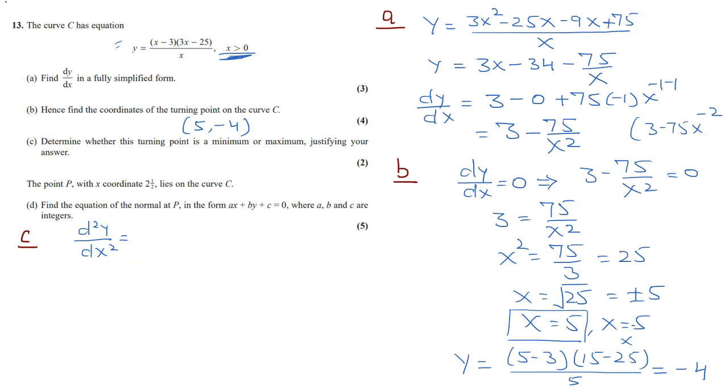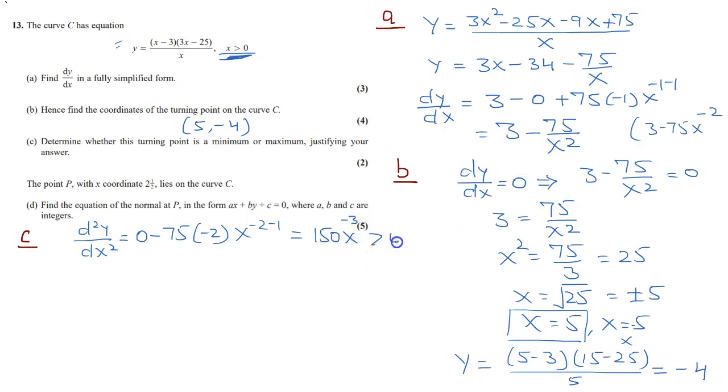So d2y over dx square will be: differential of 3 is 0, minus 75 times minus 2 x to the power minus 2 minus 1. So that is equal to minus minus plus 150 x to the power minus 3.